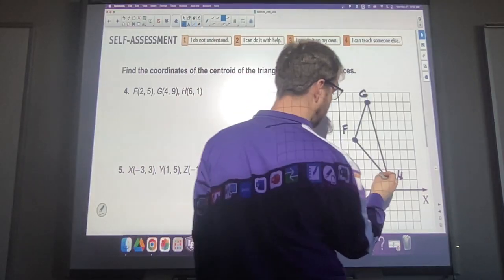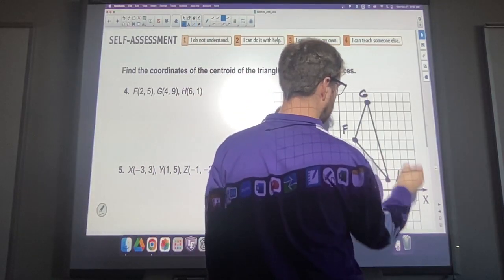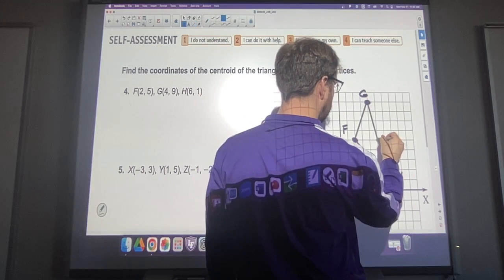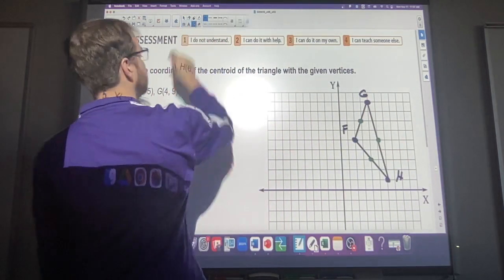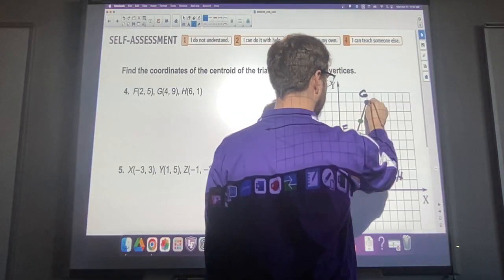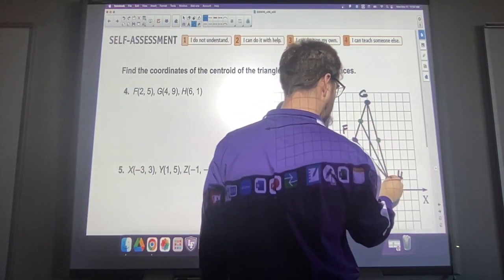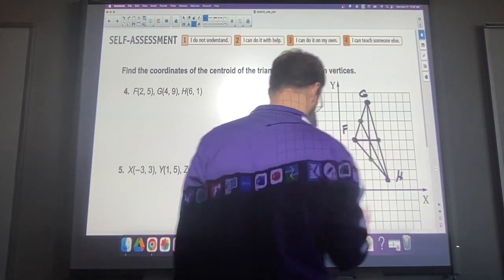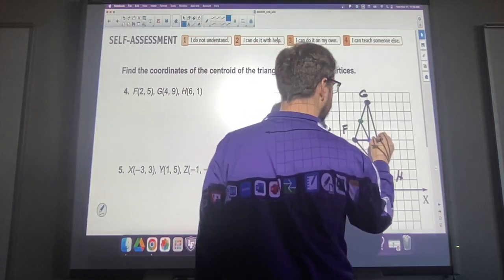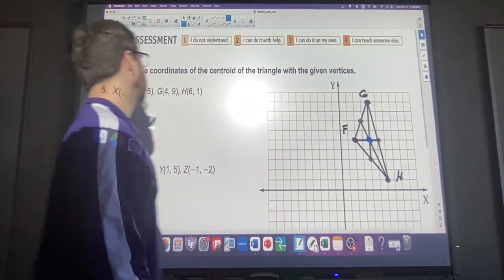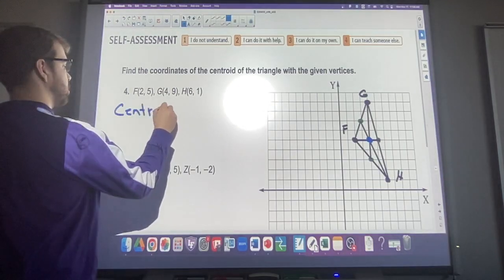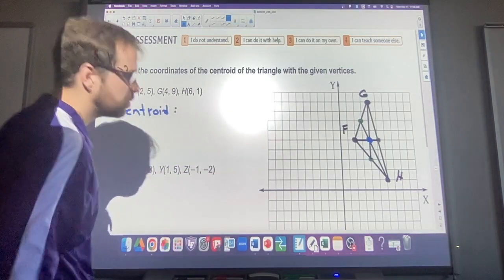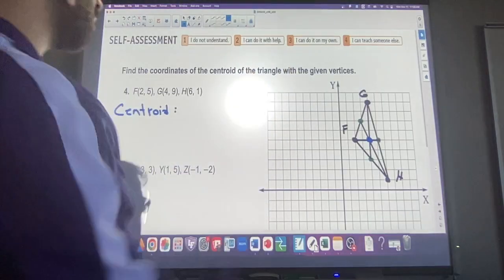Put on my midpoints. And I get my first centroid right there. So my first centroid is 4, 5.